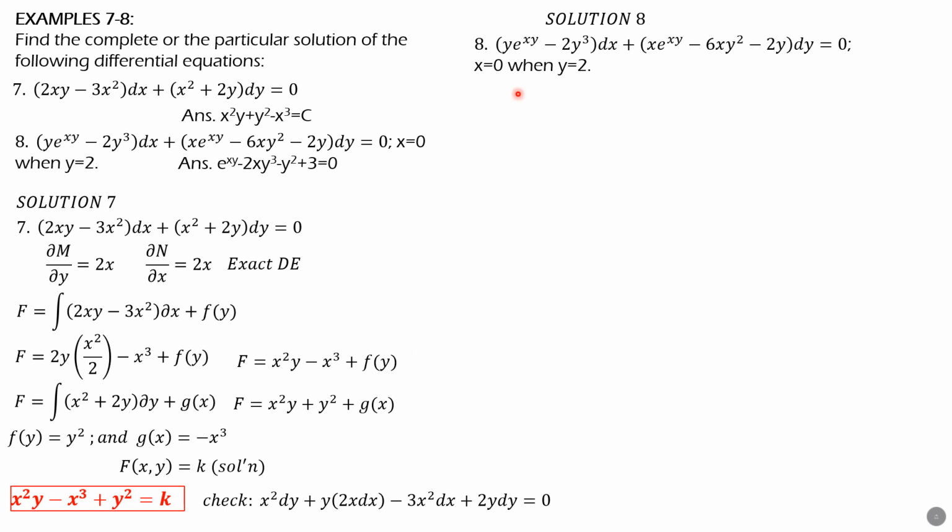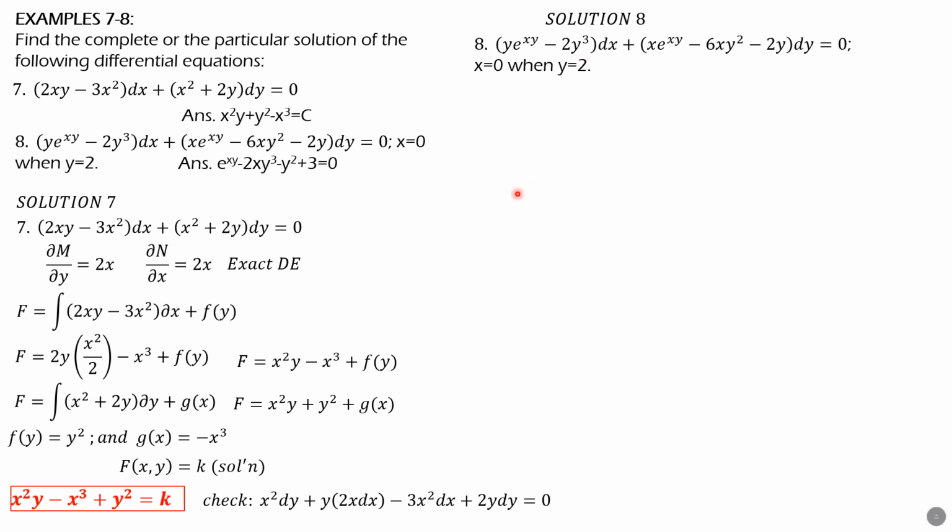So partial of M, this expression here with respect to y, so y is the variable, so we have y, differential of e to the u, e to the xy is e to the xy, so y e to the xy, then the derivative of xy with respect to y, x is constant, so that should be x, then plus second e to the xy, derivative of y with respect to y is 1, so plus e to the xy, then minus derivative of this term with respect to y is negative 6y squared.